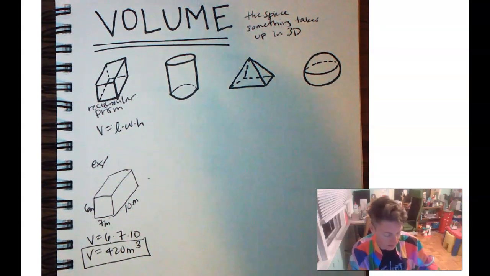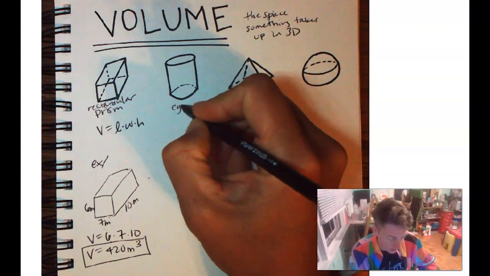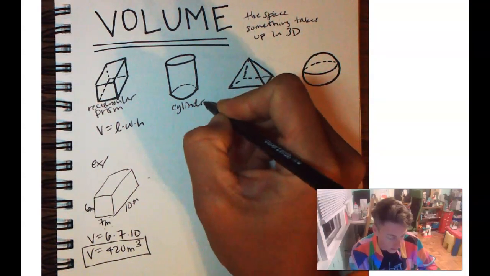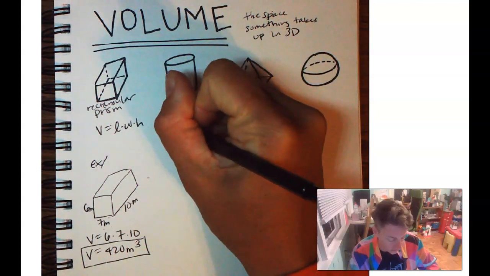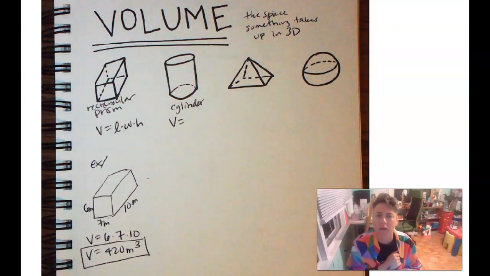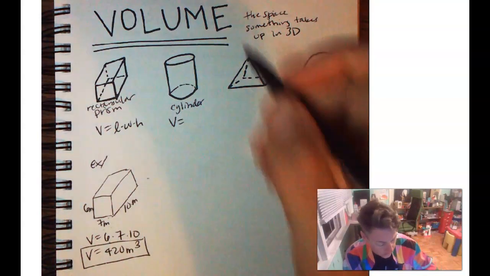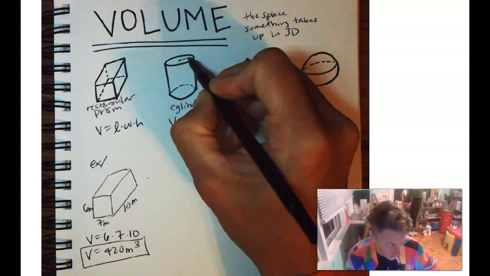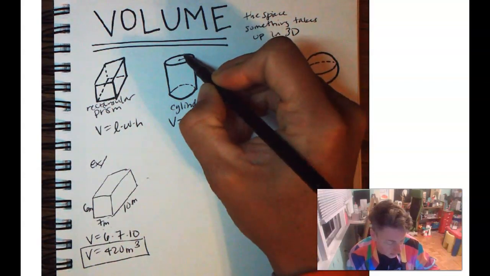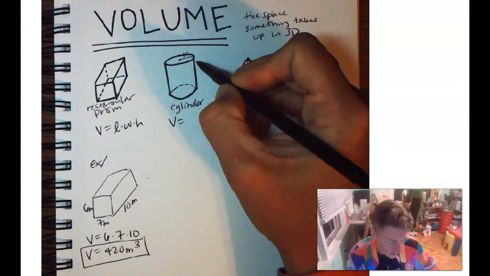Alright, next up, let's talk about our cylinder. That can of soup. How do we find the volume of a cylinder? Well, we're going to find the area of the circle and integrate it over the height.